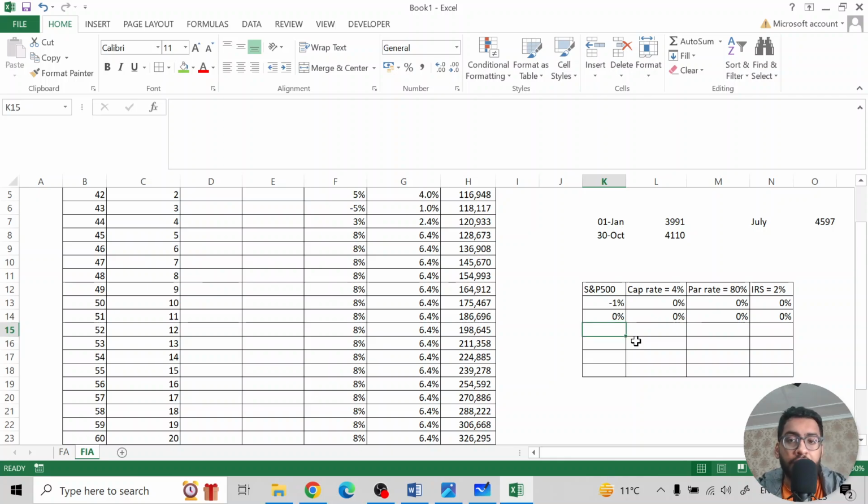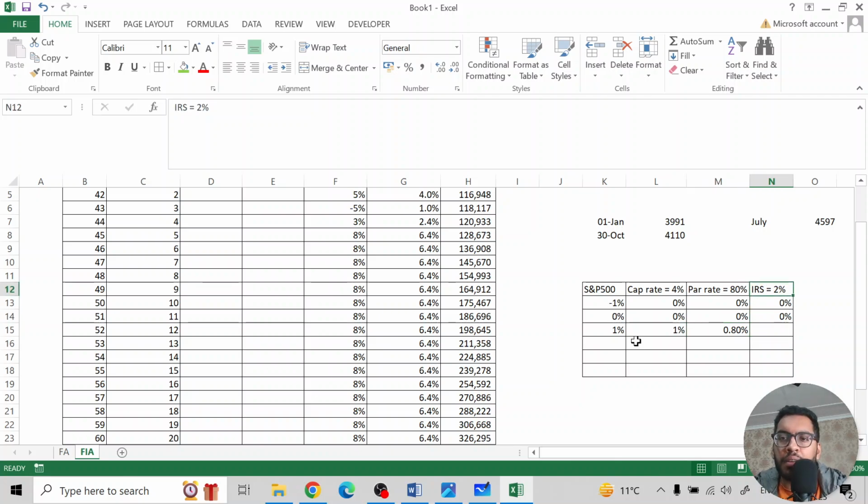If the return generated by the index is 1%, now what will happen? In case of cap rate, you are going to get the full 1%. In case of participation, you are going to get 80%, so basically this times 0.8. This will be the interest accumulated.